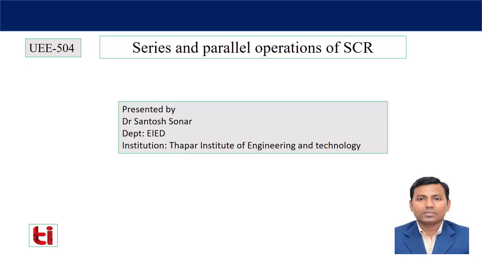And if the current flowing through the system is more than the current rating of the SCRs, then a number of SCRs are connected in parallel to share the current. But it is not so simple to connect these SCRs in series and in parallel. So, different issues in connecting the SCRs in series and parallel I am going to discuss today.